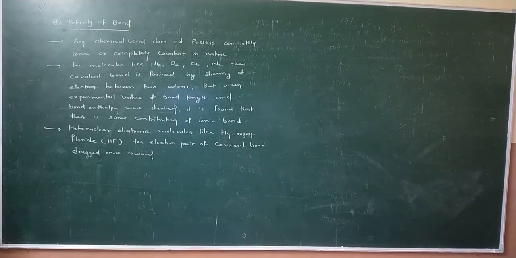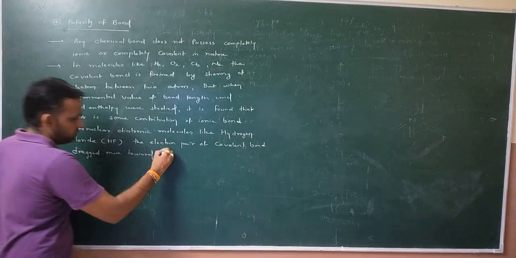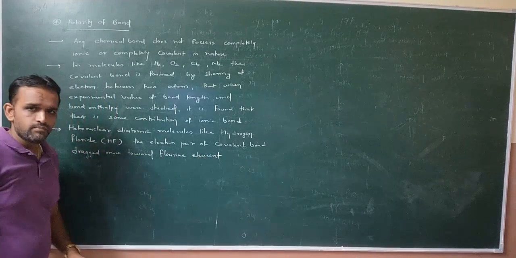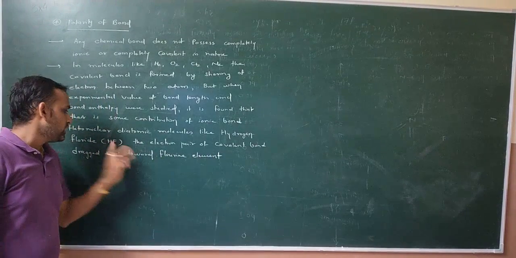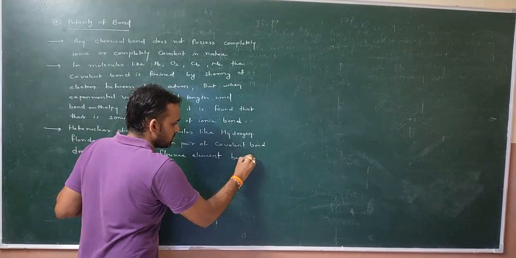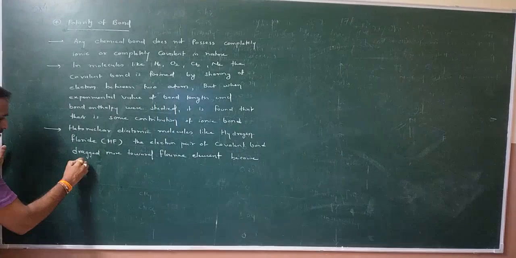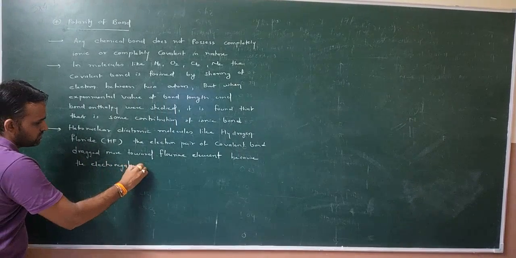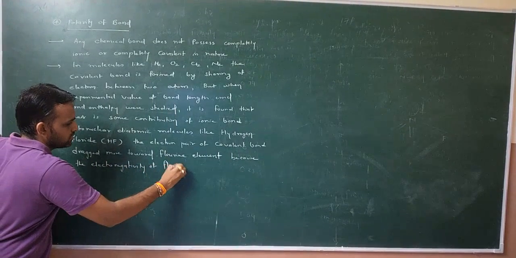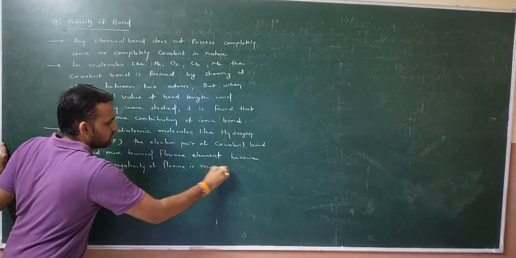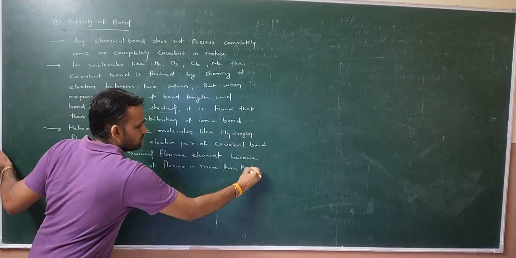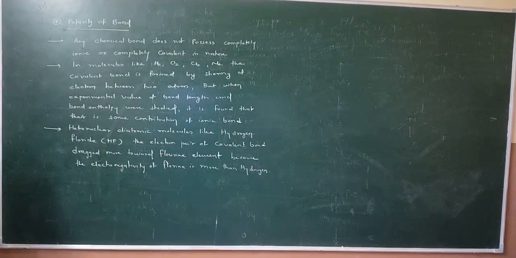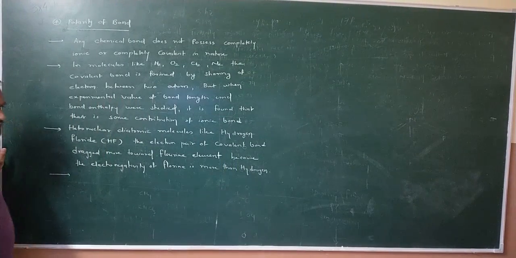Why? Because fluorine is more electronegative than the hydrogen atom, because the electronegativity of fluorine is more than hydrogen, right? So fluorine carries a partial negative charge and hydrogen carries a partial positive charge.